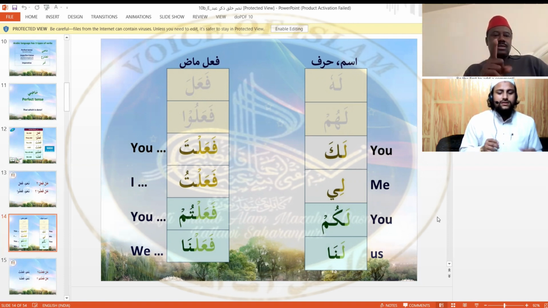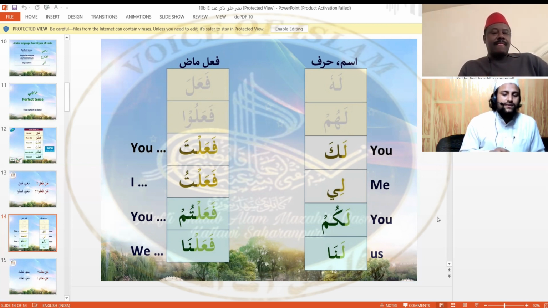You know, these words are highlighted now. Like laka, ka means you, for you. Fa'alta, ta means you did.